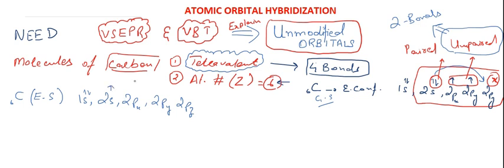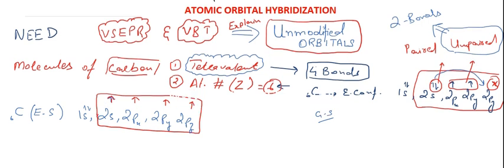In this way we get four unpaired electrons. Doing this we can understand how carbon can make four bonds, but there is still one problem.